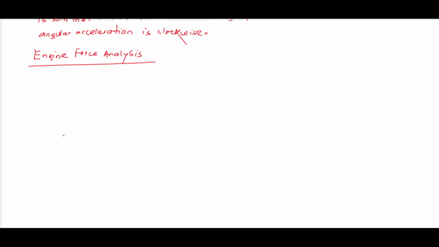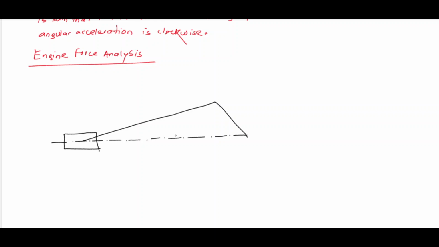Let's say this is my cylinder, which we earlier used to call the slider. The cylinder will have a piston inside and a piston rod, and this is connected with the connecting rod, and connecting rod is connected to the crank.